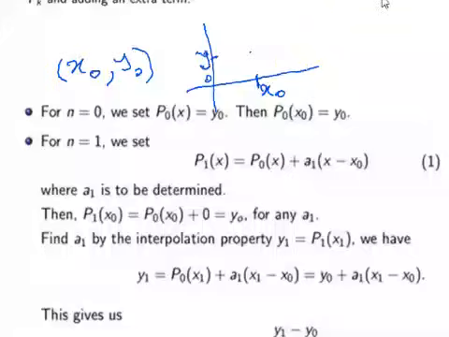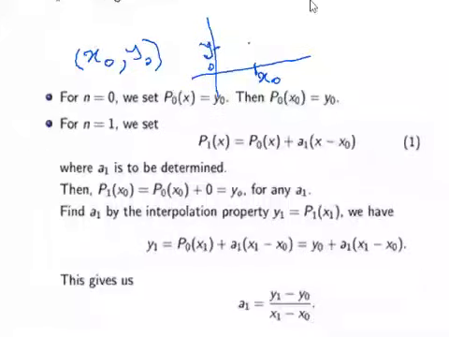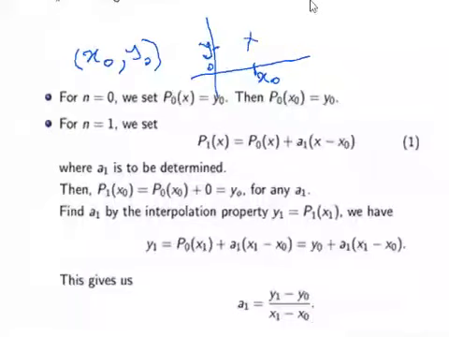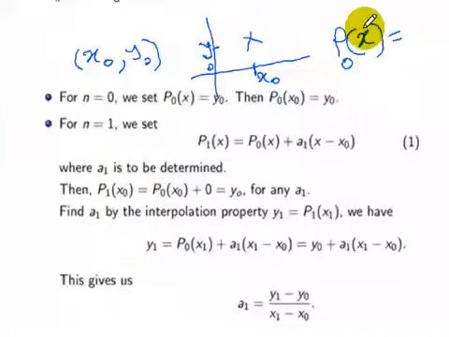The polynomial that passes through this point is a constant. You can consider a constant p sub 0, which is a polynomial in x. What is the degree of this polynomial?